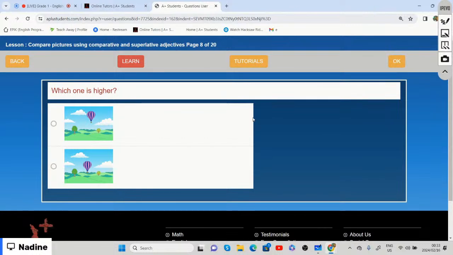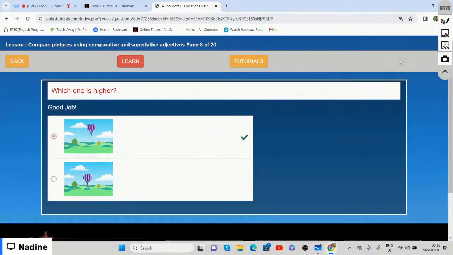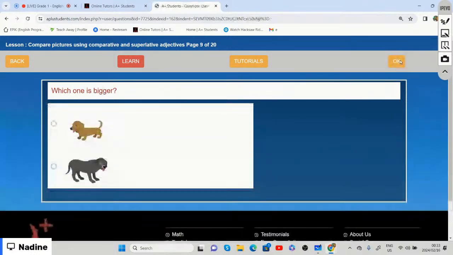And if we say which one is bigger, and then we go with the first one.